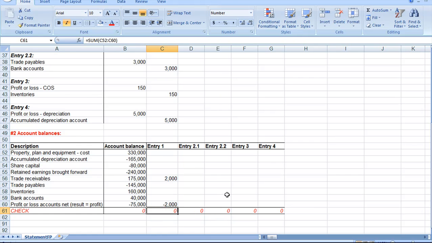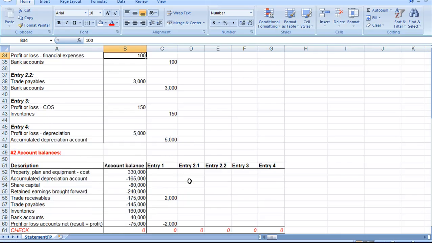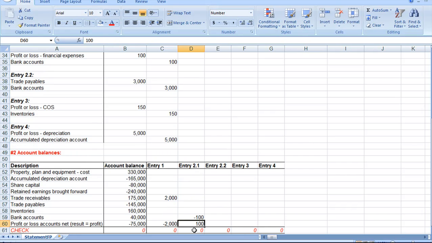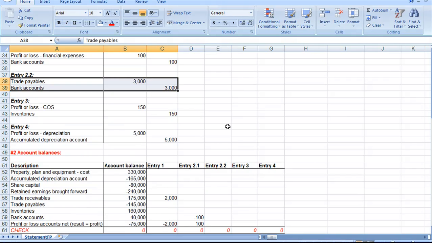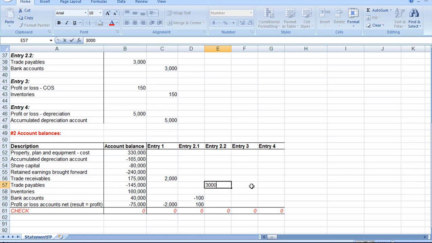The entry number 2.1, we debit profit or loss with 100, and credit bank accounts with 100. And that's minus again, of course. And checksum is 0. Entry number 2.2. Debit trade payables, 3,000, and credit bank accounts, minus 3,000. And checksum, 0.